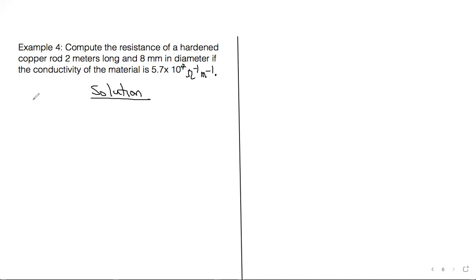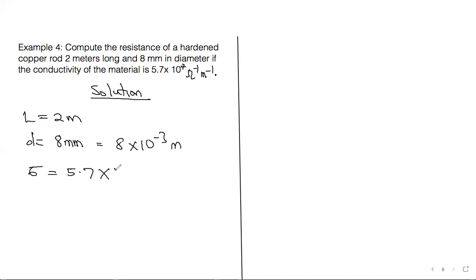Here you have the length as 2 meters, and the diameter as 8 millimeters. If you change that to meters, that will be 8 times 10 raised to the power minus 3 meters. Then you have the conductivity, sigma, as 5.7 times 10 raised to the power 7 per ohm per meter. So you have to find the resistance.